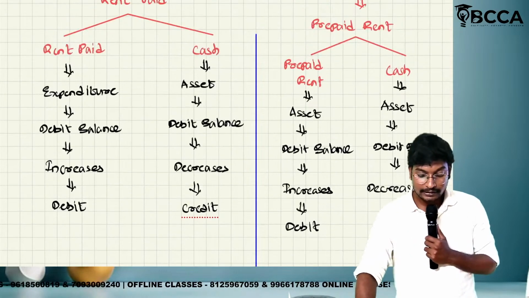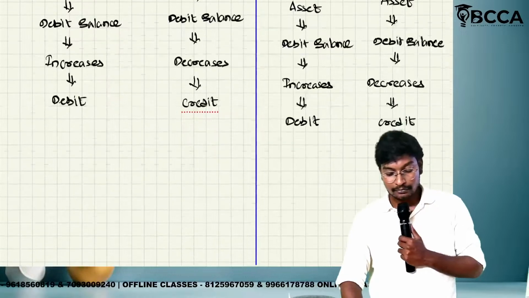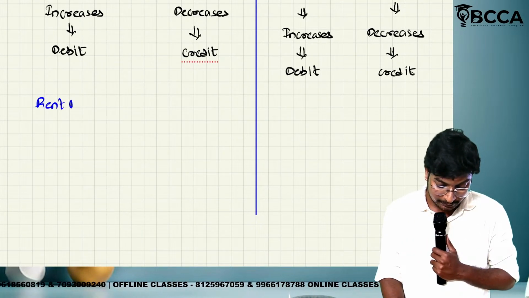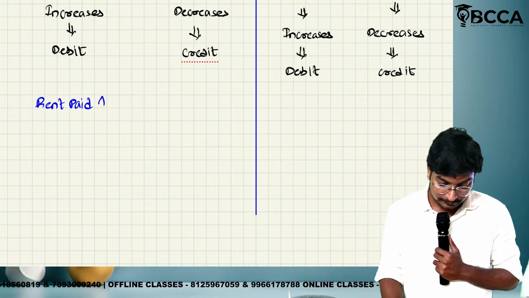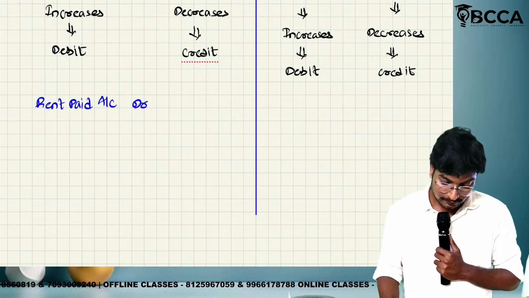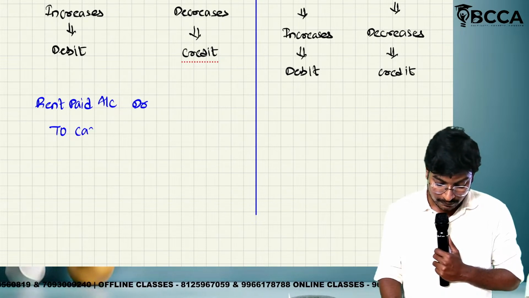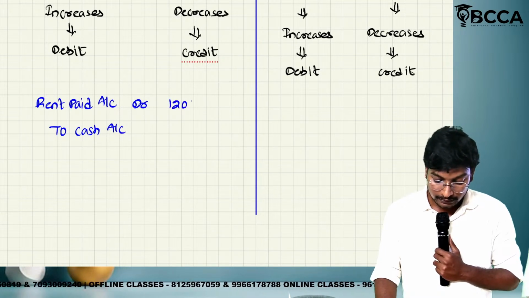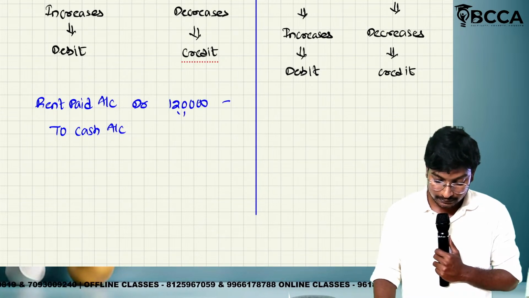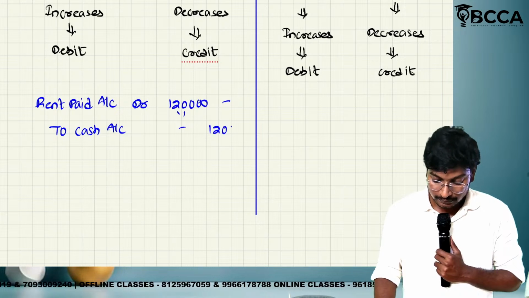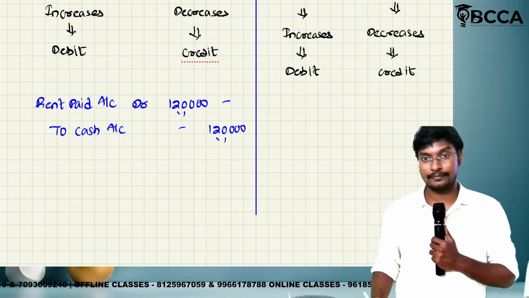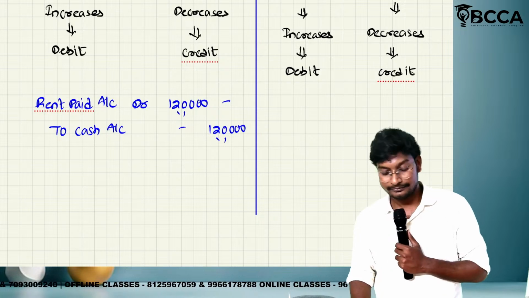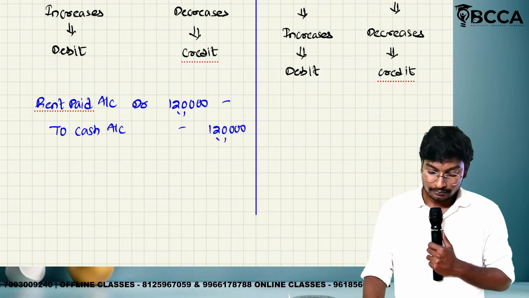So what is the entry we get here? Rent paid account debit to cash account. What is the amount? 1,20,000. Then what is the entry here?